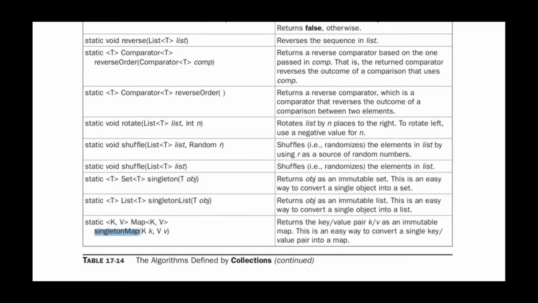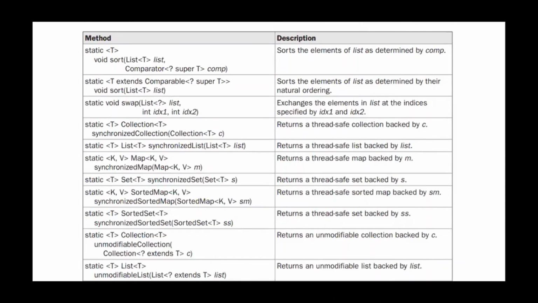The other methods on the Collections class, where a number of algorithms are implemented, include the sort method. The sort method will sort the given list based on the given comparator.